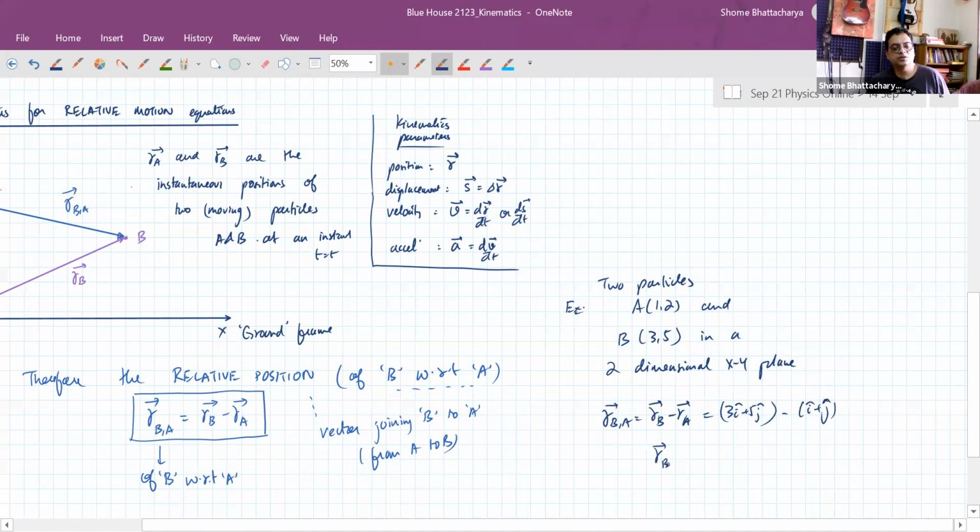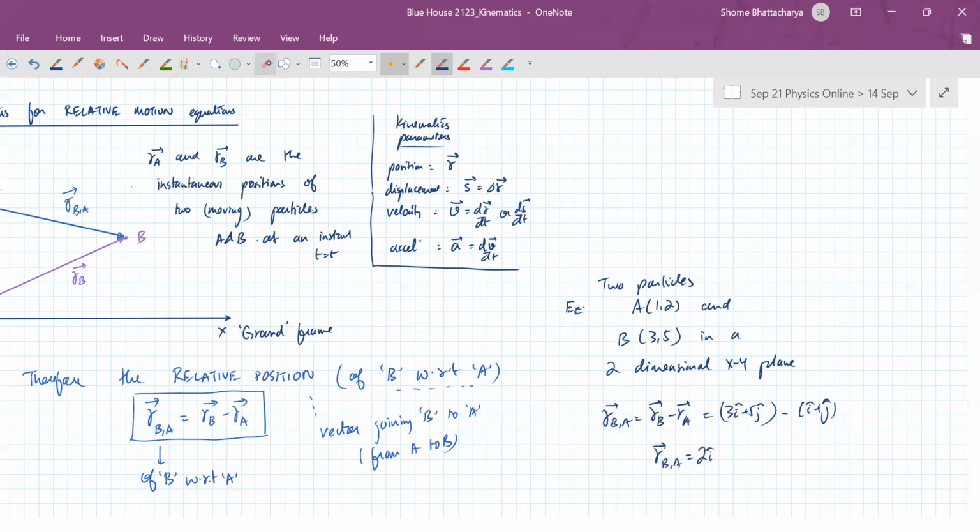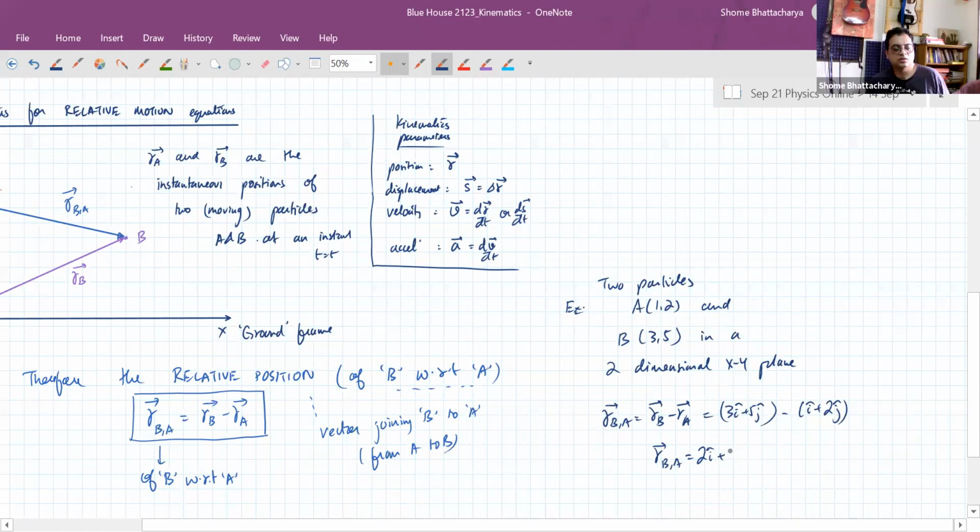So the position of B with respect to A will become 2 I cap plus 3 J cap.